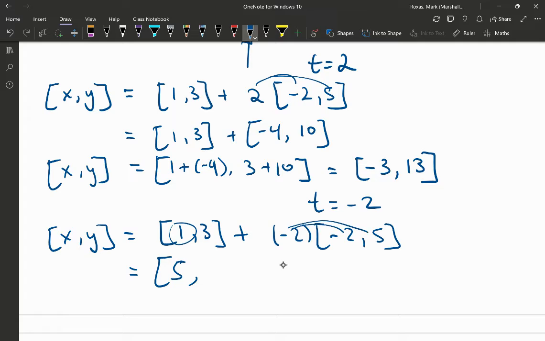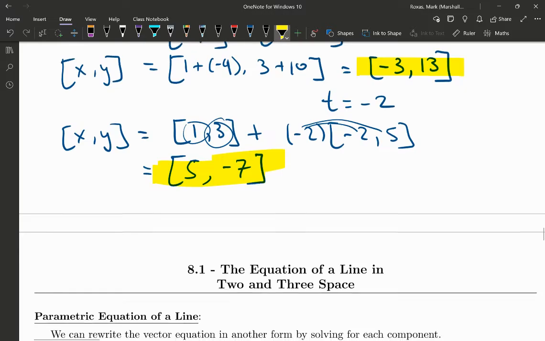And then -2 times 5 is -10, plus 3 is going to give me -7 for my y component. So here's another point vector on the line. So here I have two answers: [-3, 13] and [5, -7] as points on my line, just because I made those parameter t values 2 and -2. And if you put in any other t parameter, you'll get a different point on that line. Okay.